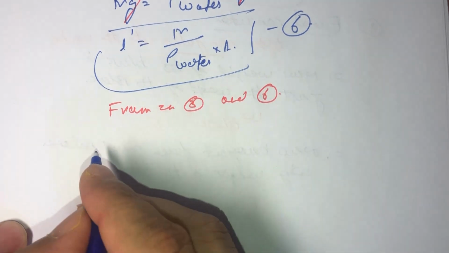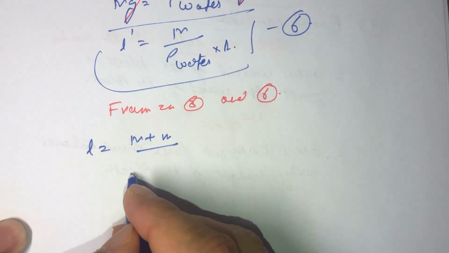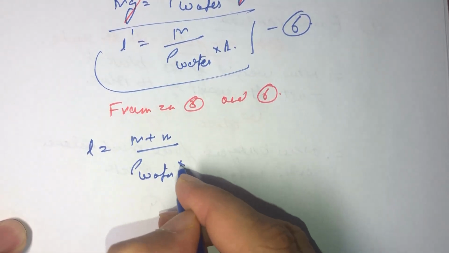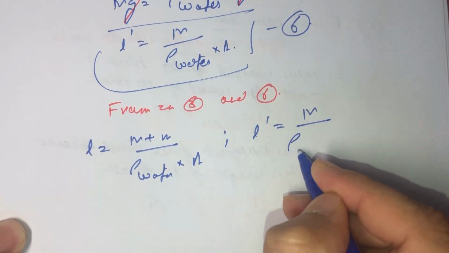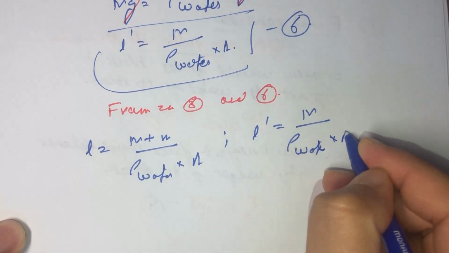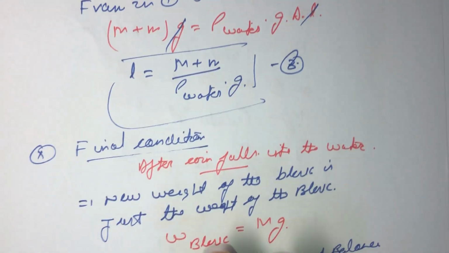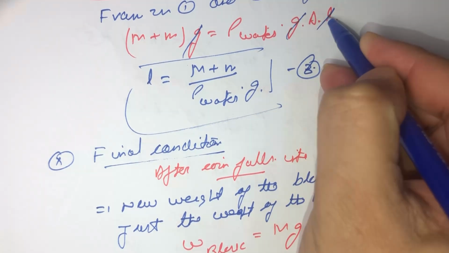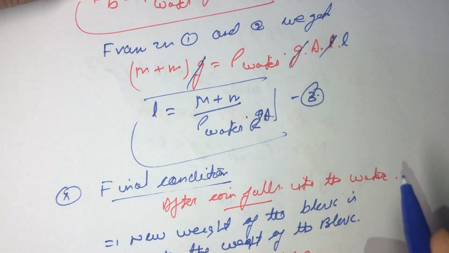Let me write it here. Our L was equal to M plus small m divided by density of water multiplied by area, and L prime is M divided by density of water multiplied by area. Here I made a mistake, here it should be g cancels, L doesn't cancel out.